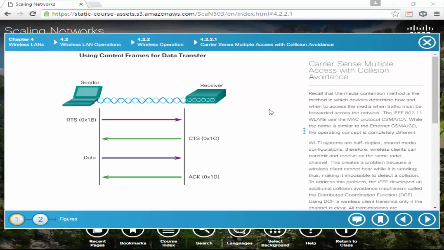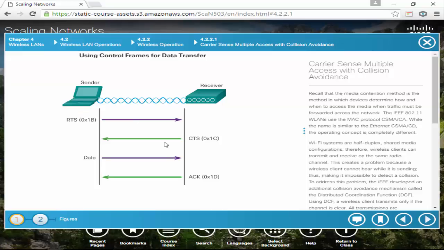Anyways, some interesting things. Wireless is always half duplex. It's half duplex, shared media. That's why we need CSMA/CA, right? We need CD when we have hubs and a half duplex environment. That's when collisions are going to occur.